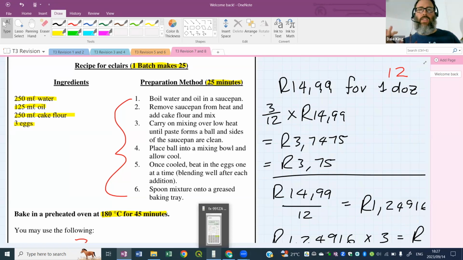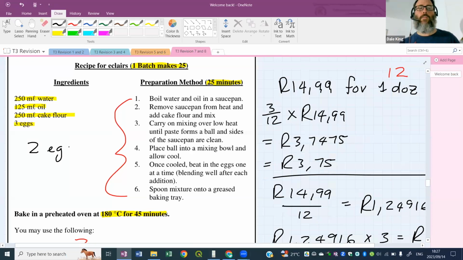So the idea is correct, I'm chopping my price up into parts. How many parts must I chop it up into? It's not the number of the eggs. For example, if you had 2 eggs and you've got a dozen, you would need to chop your price up by 6, because how many 2s are there in a dozen? There's 6 2s. So that fraction will be 2 over 12, which is 1/6. That's the fraction that you need to think of.